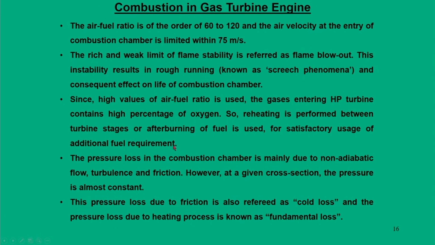That means we do not use this fuel directly in the primary combustion chamber; rather, the fuel path is outlined in such a way that as and when required, fuel can be supplied to the afterburner to satisfy the additional need.